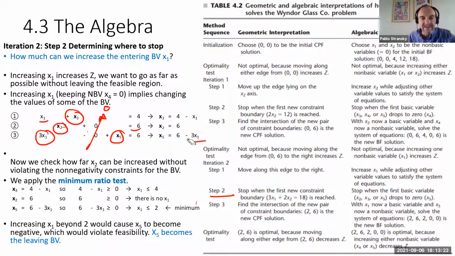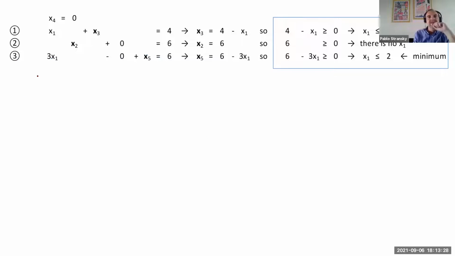We're going to take this right part. Let me go over here. So at this point, we put these at zeros, and we have x3 equal to 4 minus x1, x2 equals 6, and x5. Now, because there's no x1 in x2, there's not much we can do about it. It's going to stay exactly the same. We're going to touch the other two.